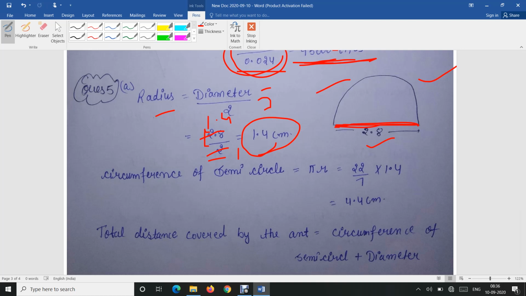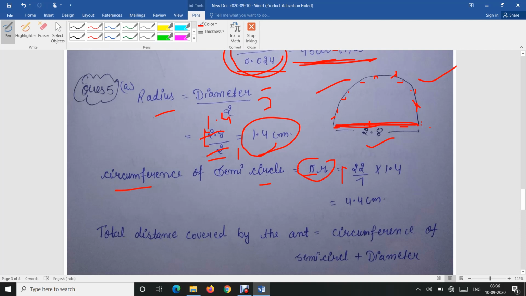If food pieces are scattered in this way, then this is the boundary of this shape, and if we need to find the length of the boundary, we need to find the circumference of the semicircle. We know that the circumference of a semicircle is pi r.